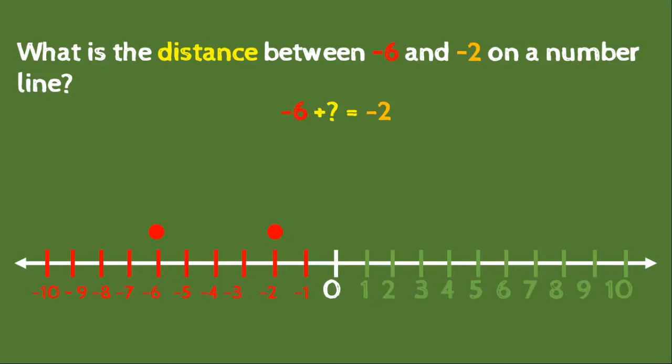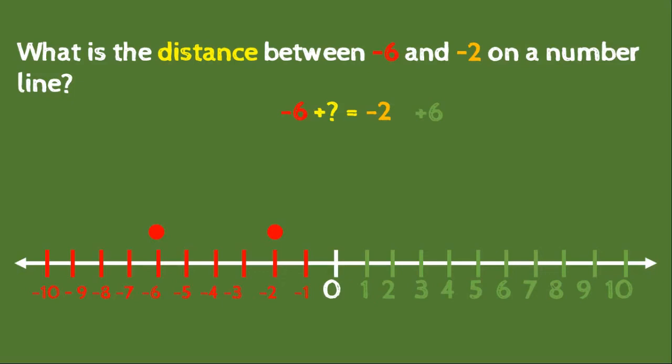And again, to figure that number out, we have -6 plus question mark, which is the distance, equals -2. We add 6 to both sides, which eliminates the -6 from one side, and add it to the -2.